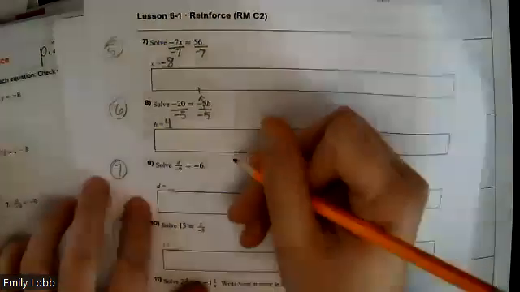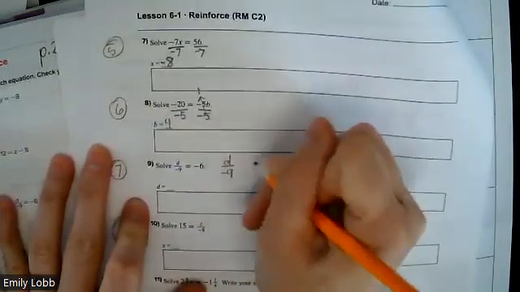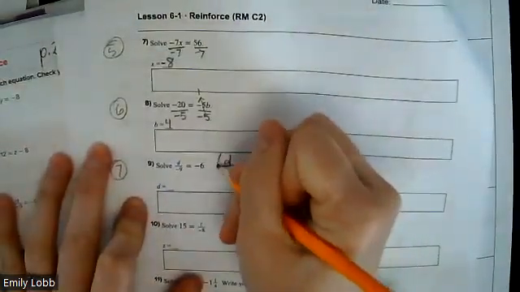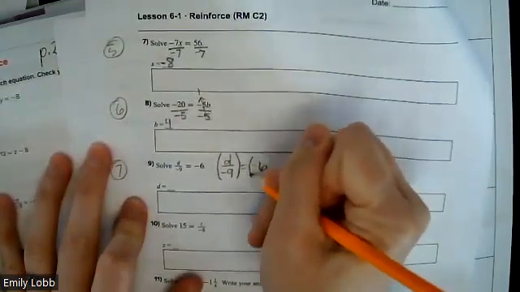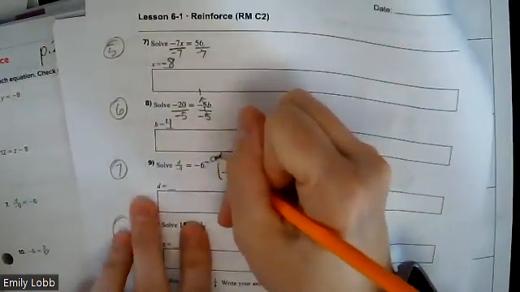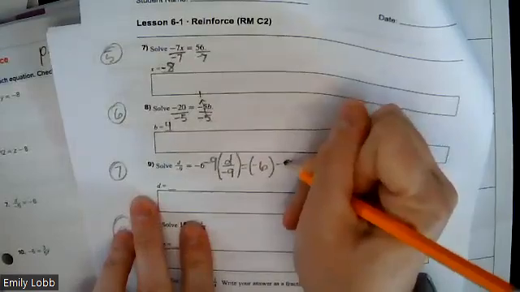All right. This one's a little bit trickier. What is happening to D? It's getting divided by -9. So how do I undo dividing by -9? Multiplication. Multiply by -9. You guys are on fire today.